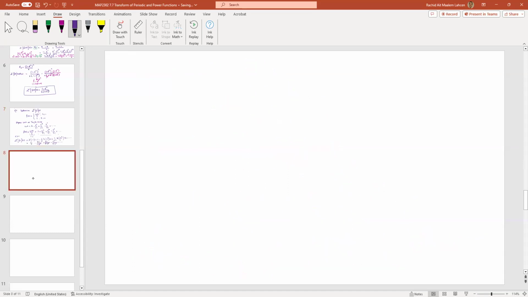All right, we can simplify a little more and get 1 over s minus 1 over 3 s cubed plus 1 over 5 s to the 5th minus 1 over 7 s to the 7th, and so on.